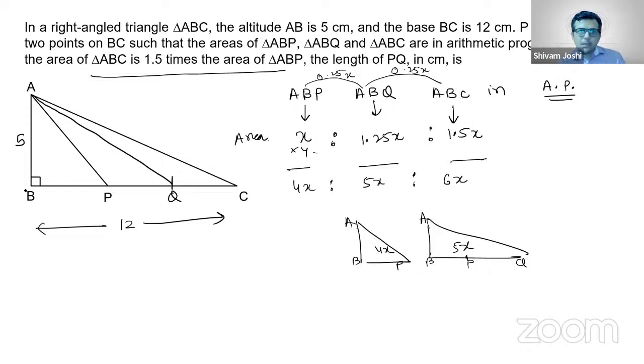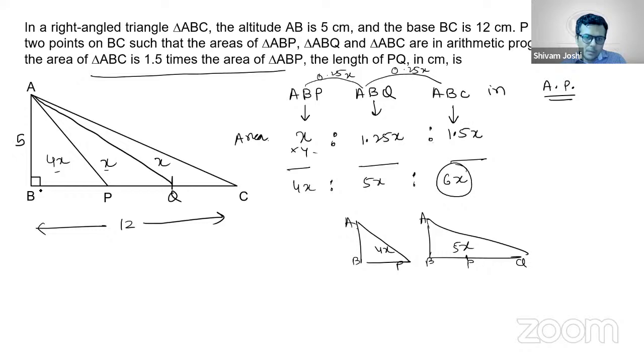So 4X is a part of 5X and that is why if I try to write the areas individually, I can say that, see, ABQ is 5X. Out of that, ABP is 4X, which means this is only 1X, correct? And then this ABC is 6X. So the total is 6X, out of which I already kept 4X and X, 5X here. So this has to be X, correct?